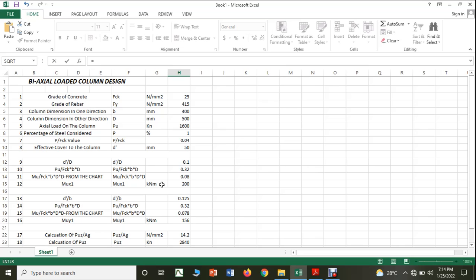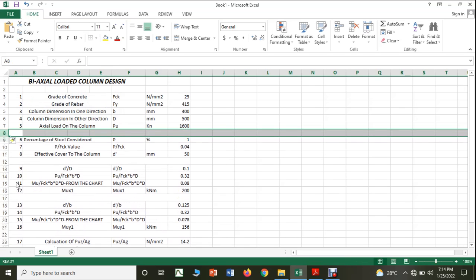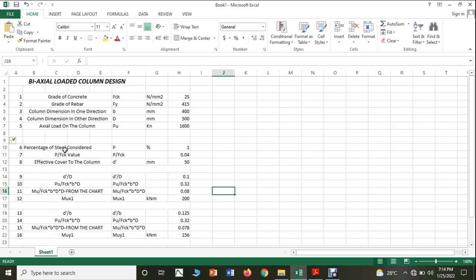I am going to get, in the initial table I forgot, sorry, I have to add 2 more columns here. Along with the axial load, if I insert now, it will be Mux value, which will be in kilonewton meter, and the corresponding value is 150.